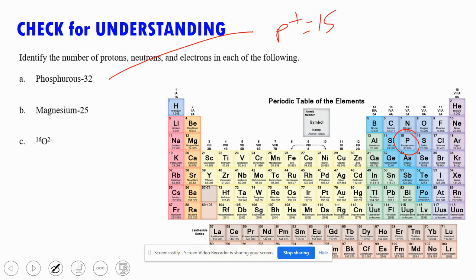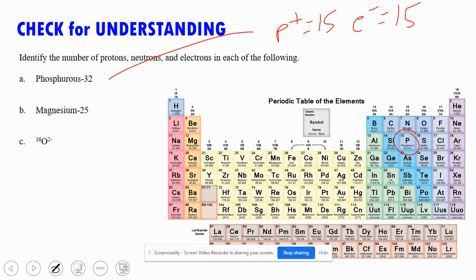It does not appear to be a charge on this. This is written in isotope form, and I don't see any positive or negative symbols on the element, so it has to have an equal number of electrons. The electrons in this case are equal to 15 as well.